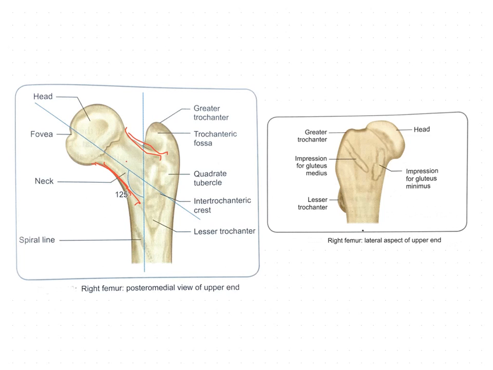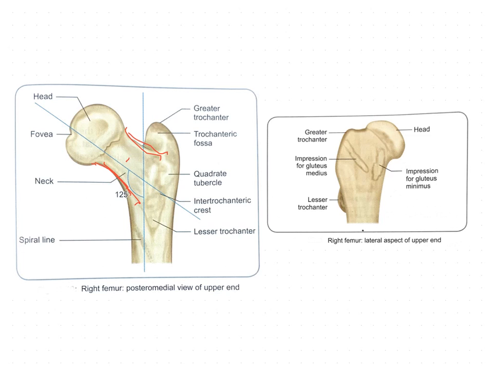The anterior surface is flat. It meets the shaft at the intertrochanteric line. It is entirely intracapsular, that means the anterior surface of the neck lies inside the capsule. The articular cartilage of the head may extend to this surface.